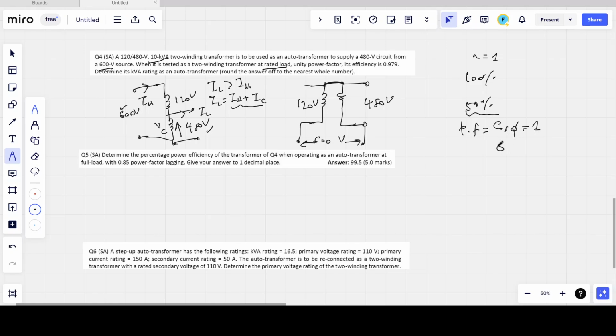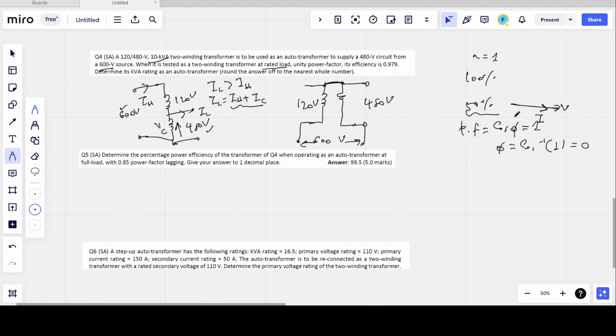So that means that the angle here, even though it's not part of the problem, I'm just showing you that if you do the cos inverse of 1, you get 0. So when we say that we have unity power factor, it simply means that the voltage and the current, if you're dealing with the phasor diagram, are in phase. They are both at 0. Okay.